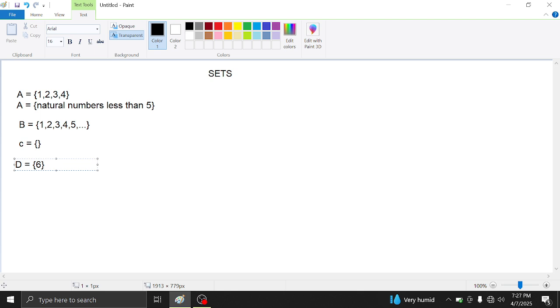We also have subset. So let's say a set A. The members of set A also belong to set B. Then set A becomes a subset of set B. So let's say set B having members of maybe natural numbers less than 5. So it's going to be 1, 2, 3, 4.